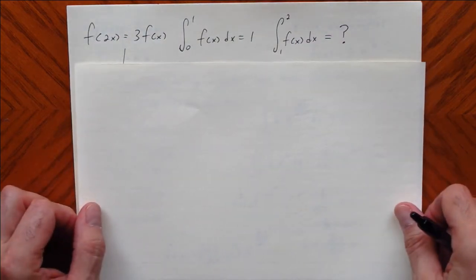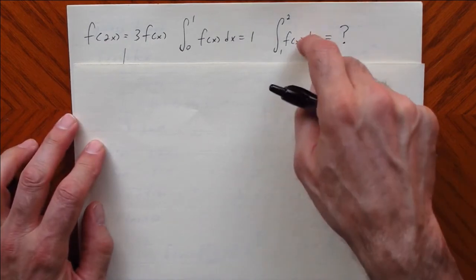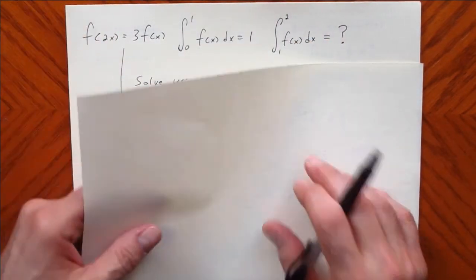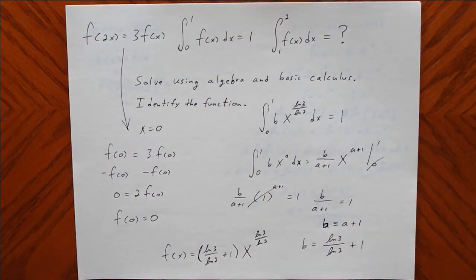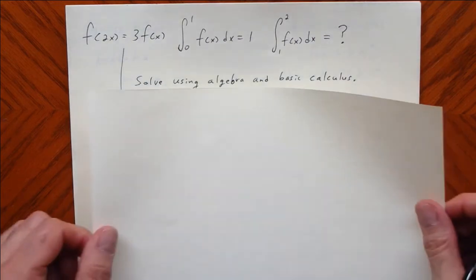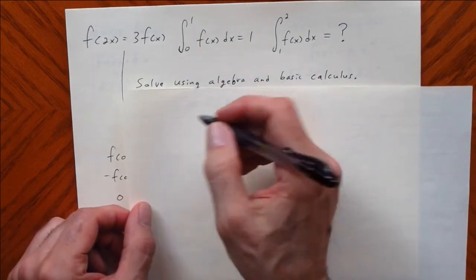All right, so here we go. Now, what we'll do is, just for the purposes of easy writing, we're going to call log 3 over log 2 a, and we'll call this constant here a plus 1. You'll see why in just a minute.